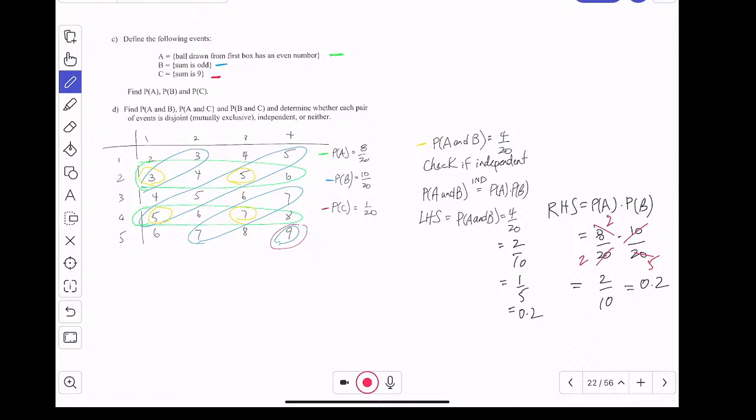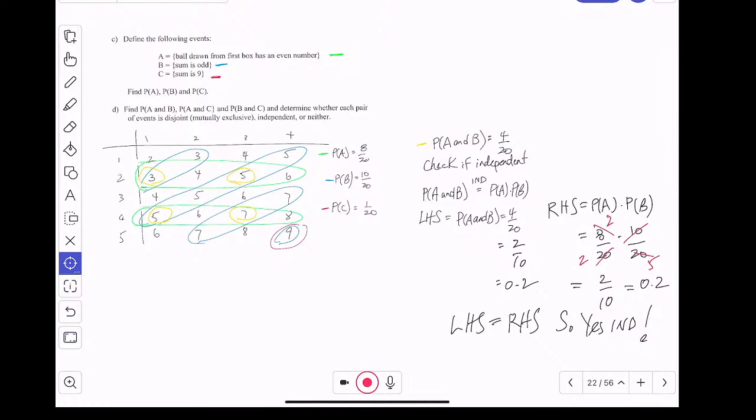So I'll just write it as 0.2 from here. So it turns out that the left-hand side is equal to the right-hand side. So yes, independent. So that's how you check. You set it up as if it is, and then you check to see if the left side and the right side are the same, and they are.